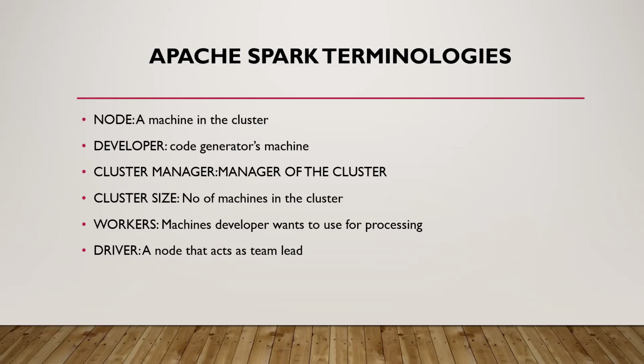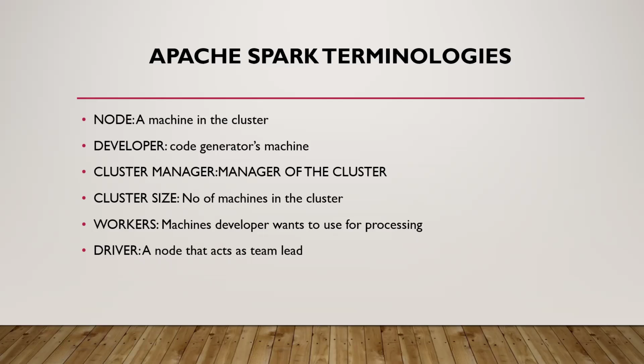Like mine now, I have 10 computers in my cluster. The workers that I want to put to a job could be just 3 or 4. Now, if I'm putting 3 to work, one of them will be the driver. So that means 4 are working. Because by default, whether you like it or not, you must provide one machine that will act as the driver.